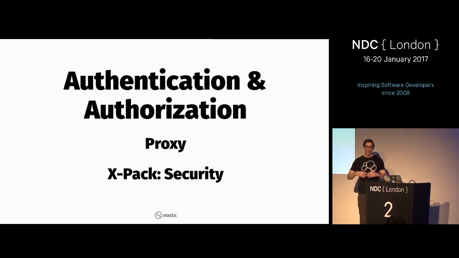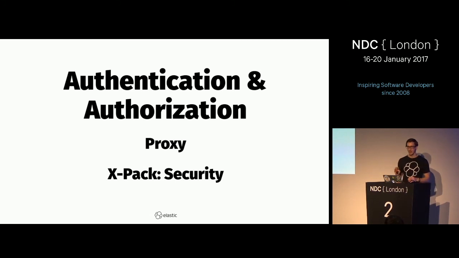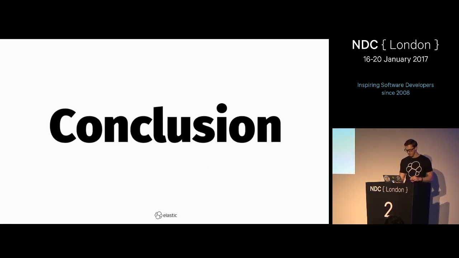Of course, our sales guys will always tell you the X-Pack is better. The main advantage is that it's integrated into Elasticsearch. The main problem with proxies is if you have something that goes around the proxy. Even if your proxy is correctly set up, it doesn't protect you if there is some other way to access Elasticsearch without the proxy. But otherwise, if your proxy is set up correctly, it will protect you.